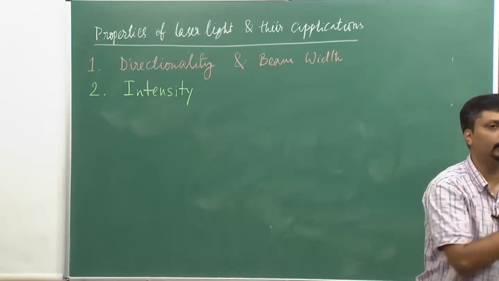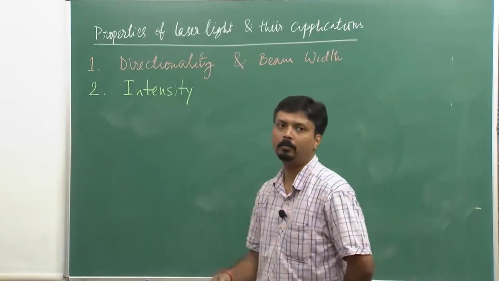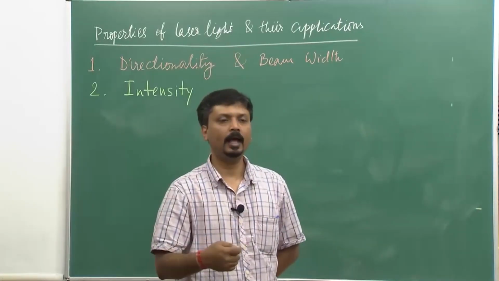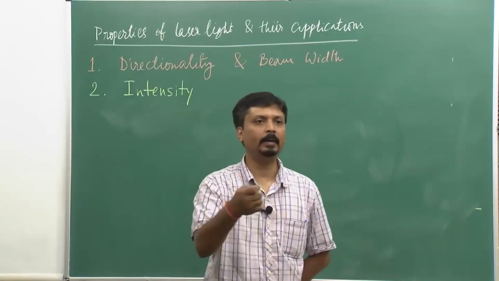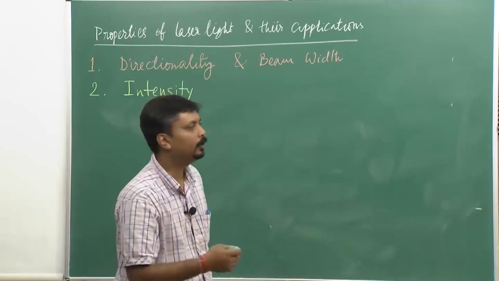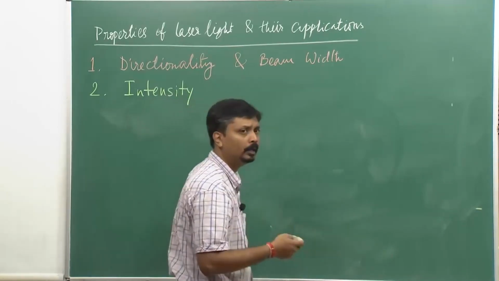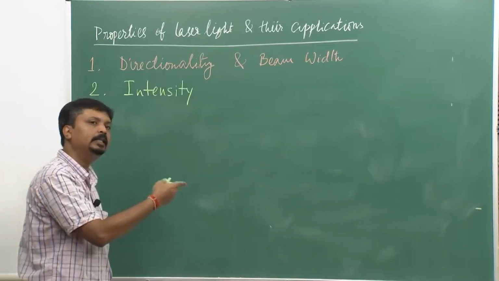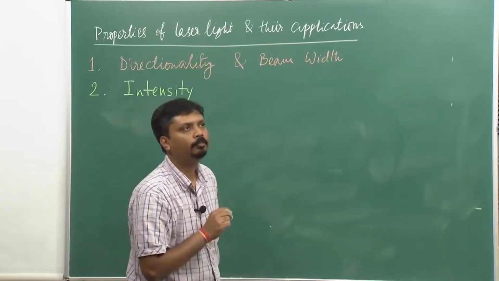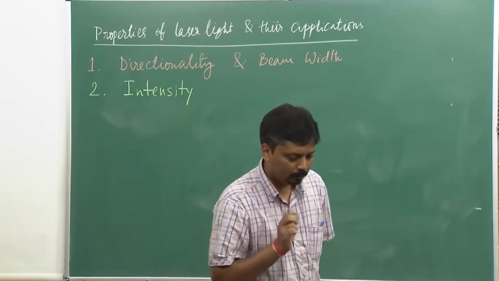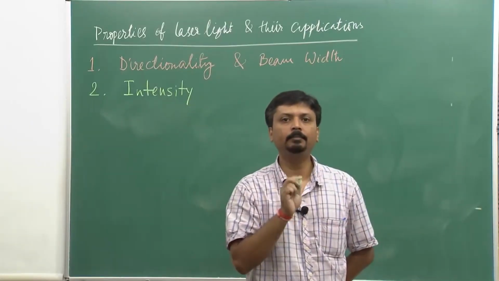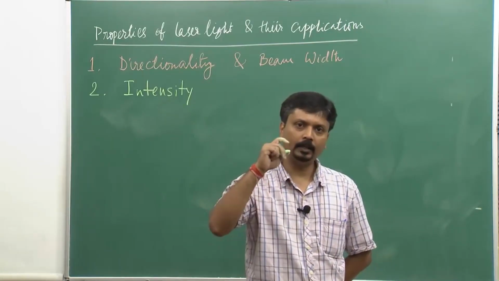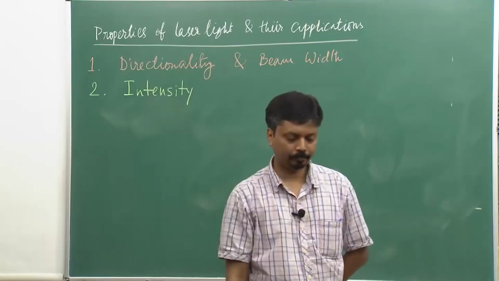Just 1 minute ago I talked about focusing a beam so that we can intensify the beam and use it for cutting metals or doing various other processing work in industry. So, how do I define the intensity of a laser beam? This laser beam is collimated. They are going in a particular direction, like a parallel beam.